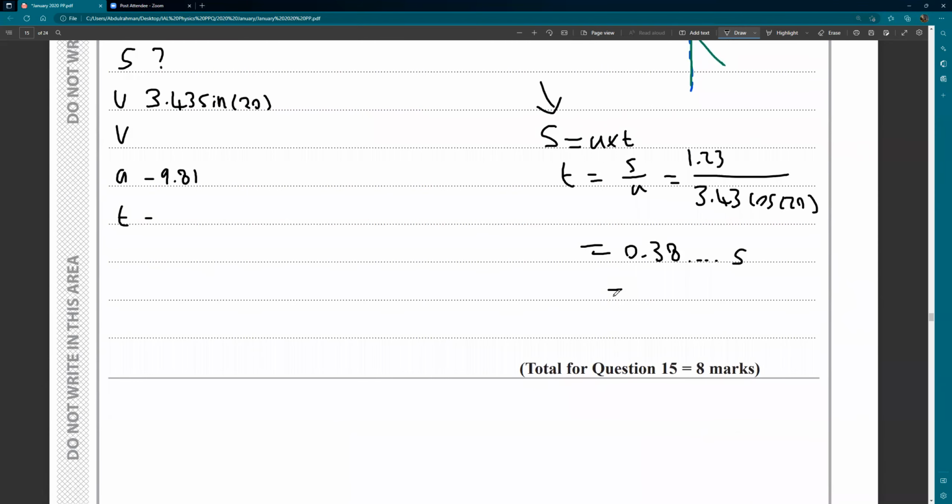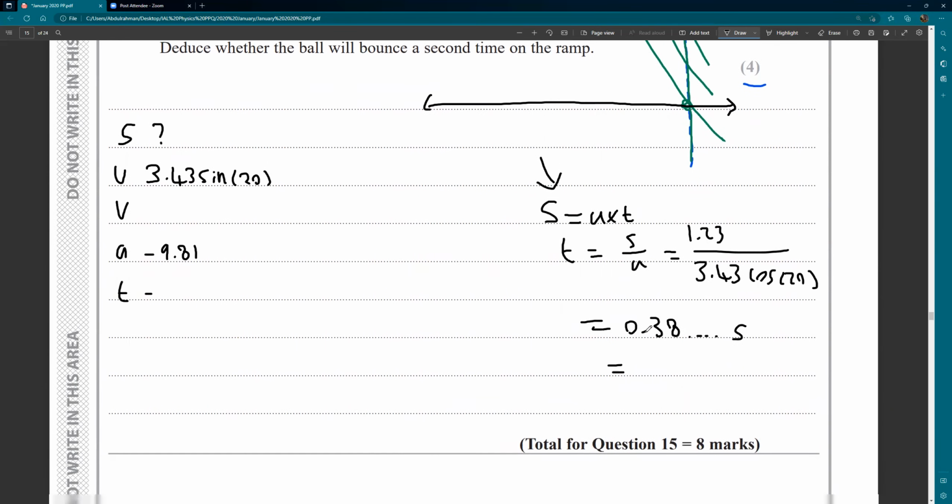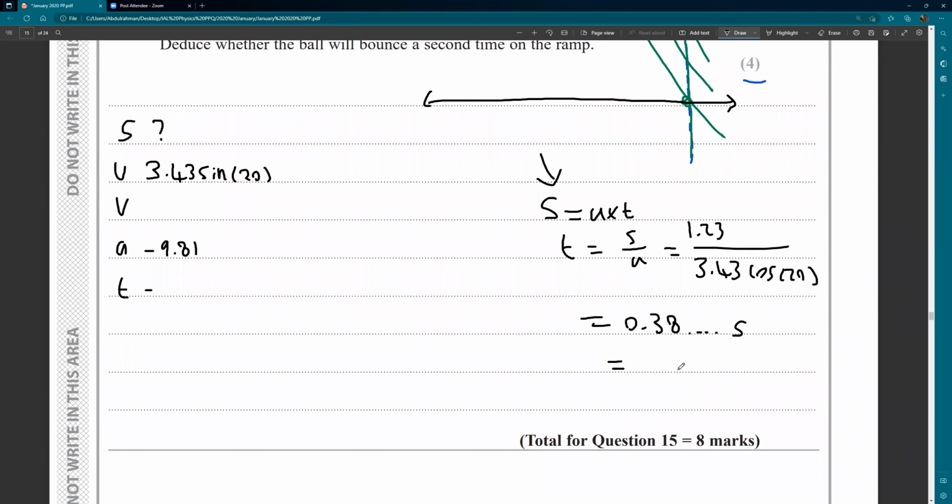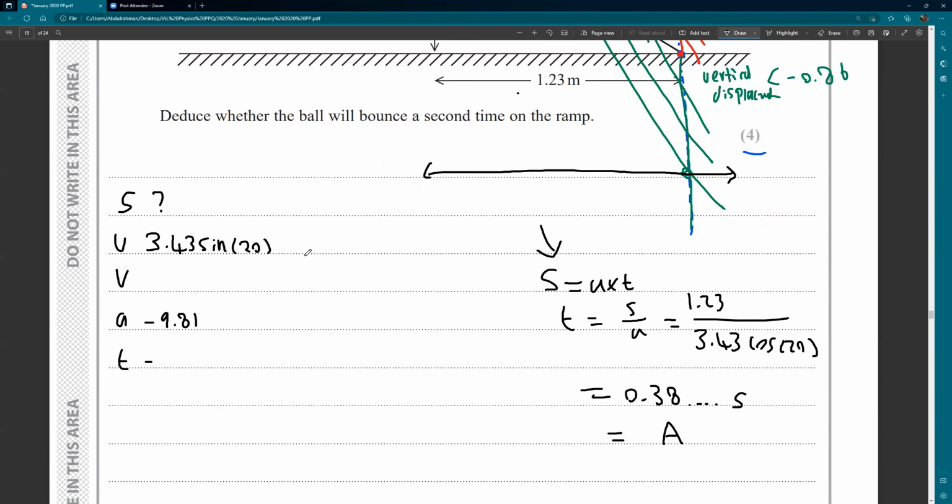And I'm going to store the unrounded value on my calculator as, I don't know, A. So now we know what the time is. The time is A, or 0.38, so let's just call it A.